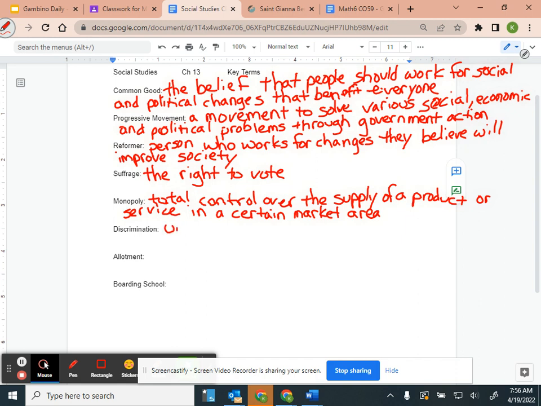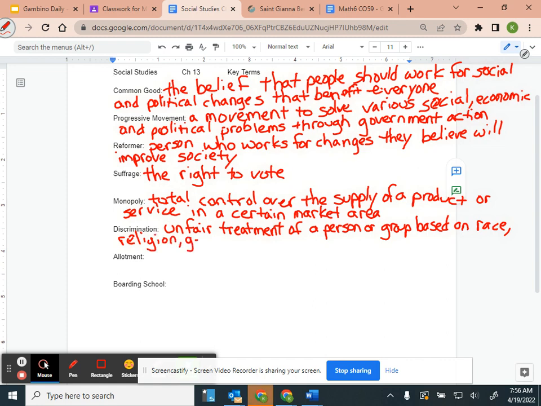Discrimination is unfair treatment of a person or group based on race, religion, gender, sexual orientation, or ethnic background.